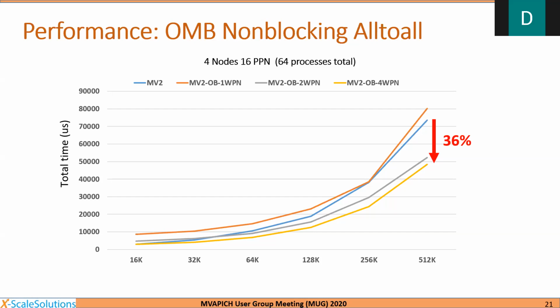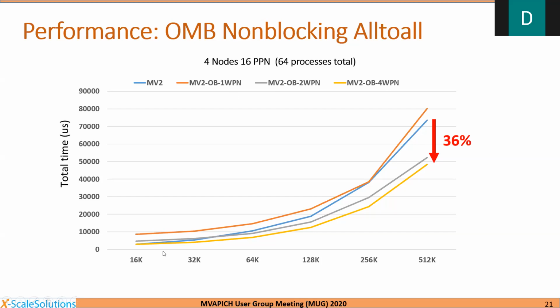This is the overall execution time of that micro benchmark. What we are showing is all-to-all. We also have numbers for other collectives. We show 4 curves here: the blue one is MVAPICH2, the base one, which has no offloading. The other 3 are 1 core enabled, 2 worker cores enabled, and 4 cores enabled on the ARM to do the offloading.